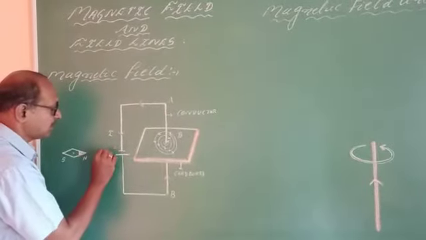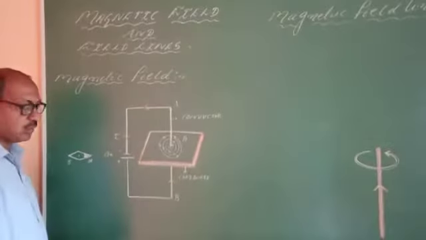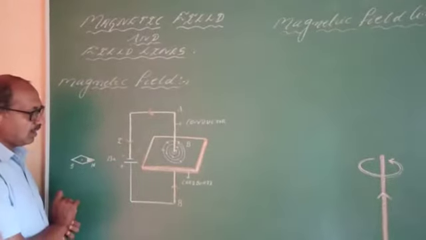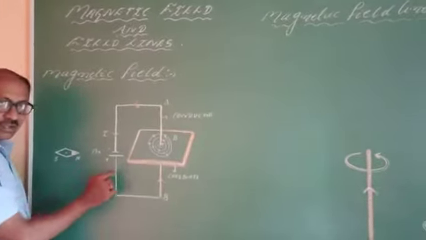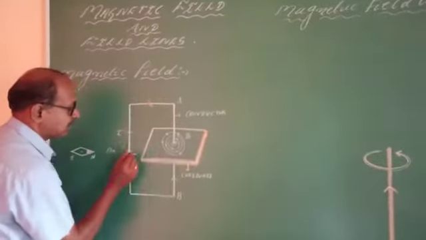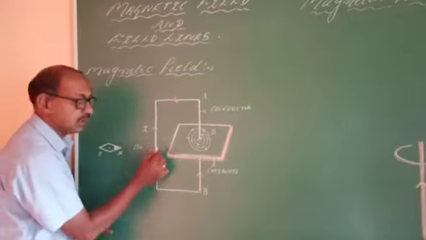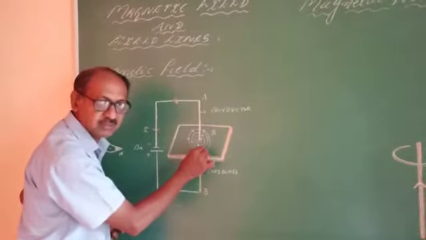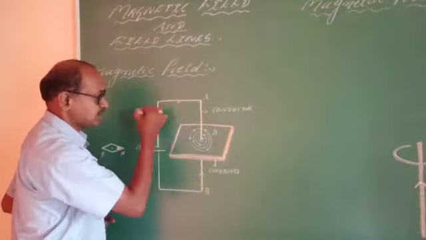Here is the battery. One side is the positive, and this side is the negative. When I switch it on, the current passes through the conductor. This is the flow of current, in the positive direction like this, and then it starts moving.